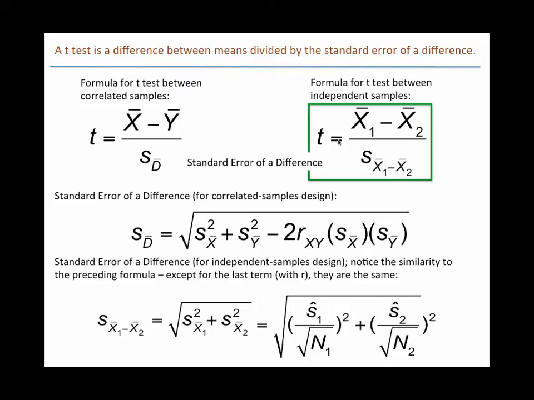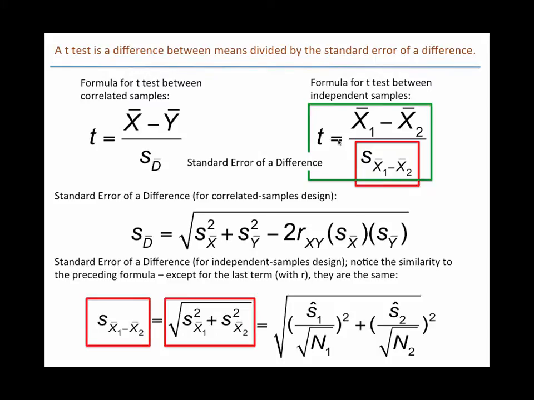So mathematically, what I need to update is the denominator, the standard error of a difference for an independent samples design. So you see it there, and if we jump down to the bottom, you see it there, and that is equal to the square root of the standard error of the mean of the first group squared plus the standard error of the mean of the second group squared.